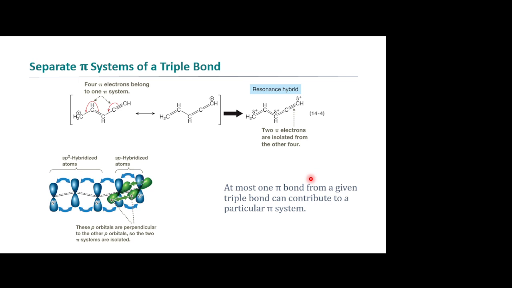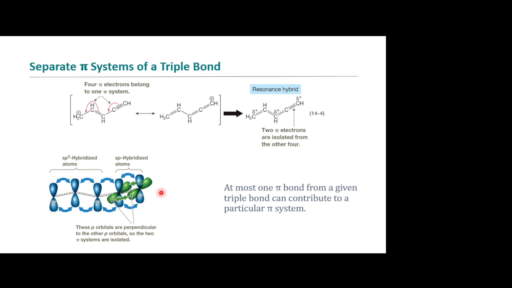Okay, so let's look at some more separated pi systems. This is going to be a triple bond. So when we have a triple bond, what is a triple bond? Yeah, we have two pi bonding systems on the same carbons, right? One of them is above and below, one of them is coming out towards you and away from you, right?